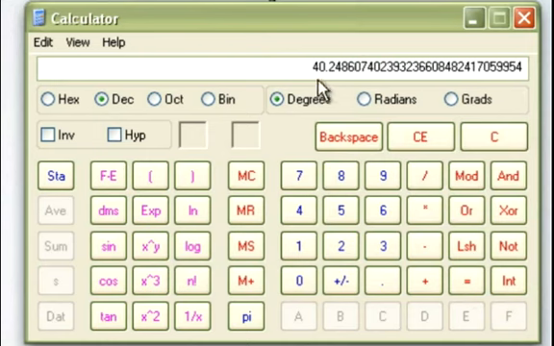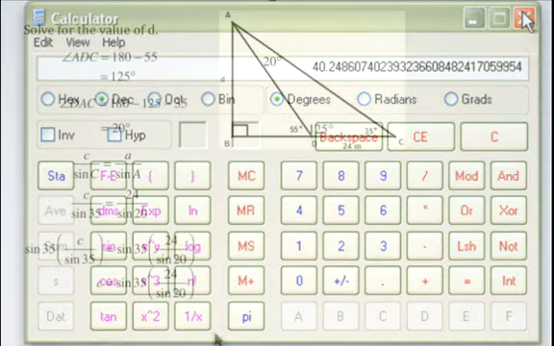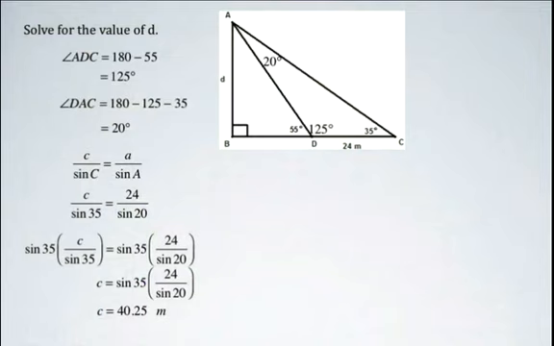And you get an answer of approximately 40.248. And if we're going to round to two decimal places, we'll say approximately 40.25. So C is approximately equal to 40.25 meters. So now we can label that on the diagram.